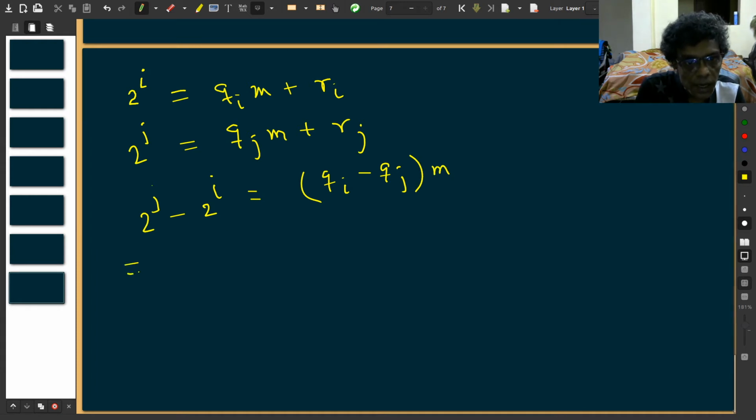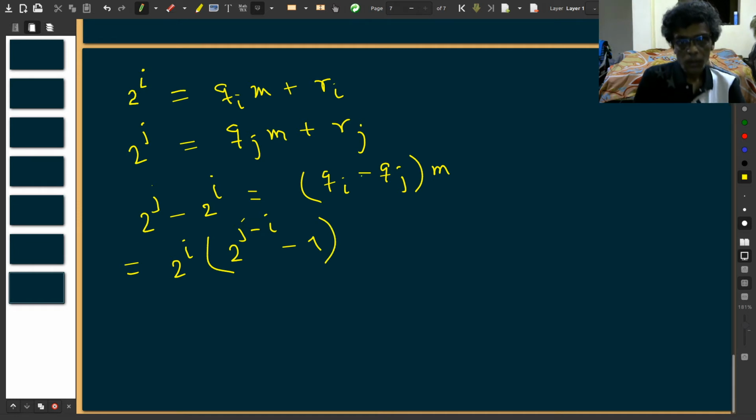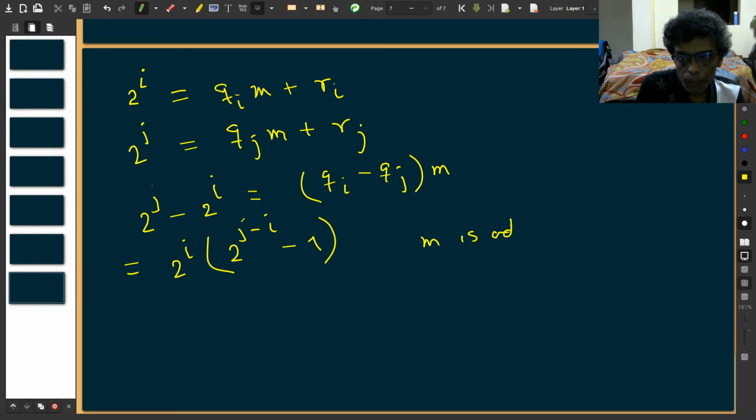And this side I rewrite as 2 power i times (2 power j minus i, minus 1). So, this quantity which is a multiple of m is equal to this. Okay. But m is odd and therefore it does not have any factor of 2.